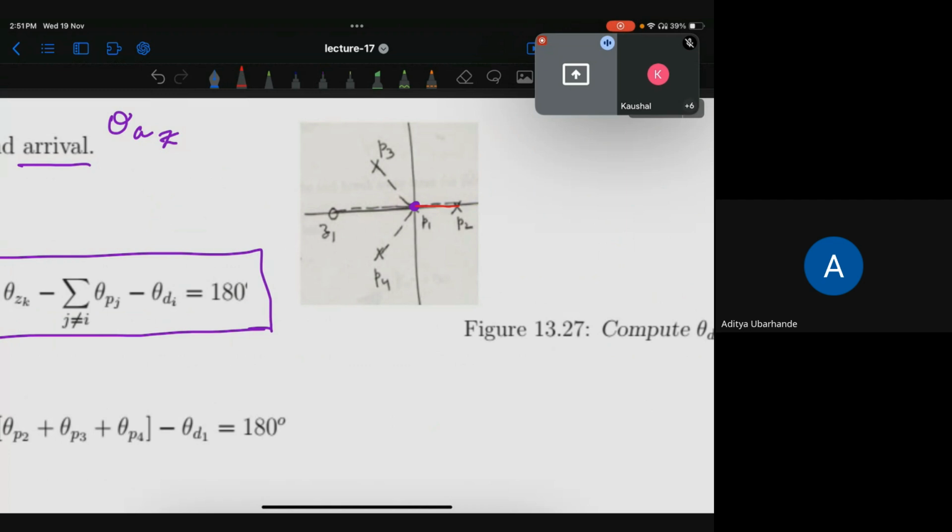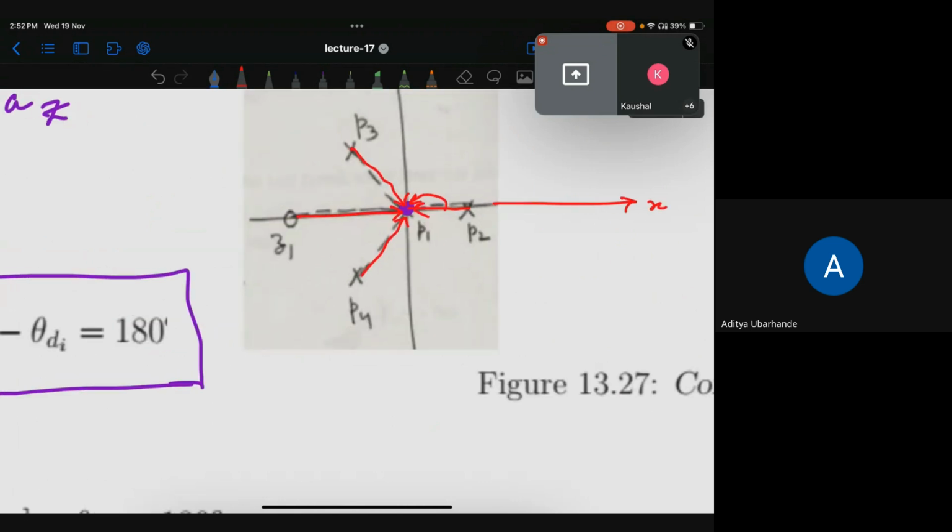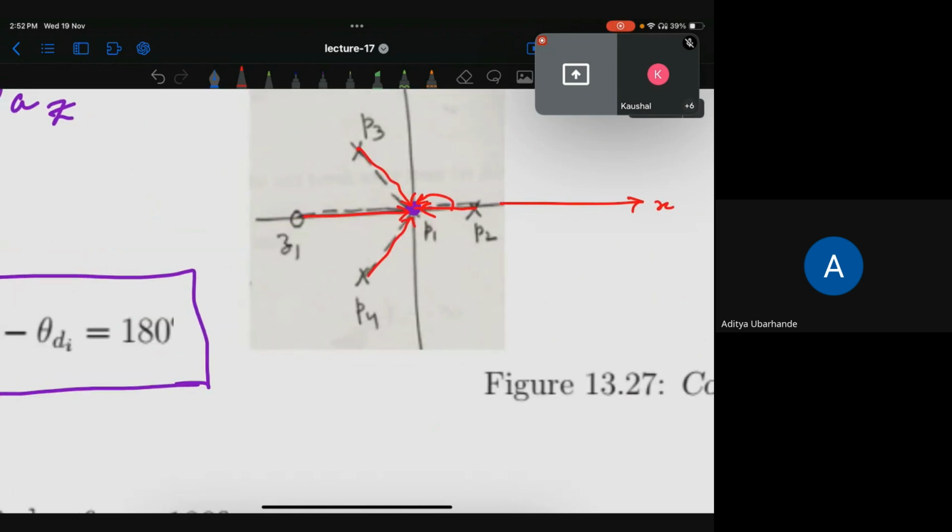From every other pole and zero, we draw the vectors and find how much angle each vector makes with respect to the x-axis. Suppose for this one, it makes an angle of 180. Then this one makes an angle of this much.